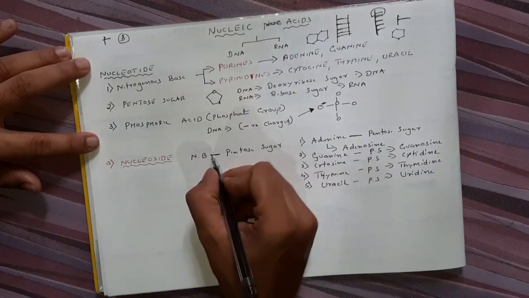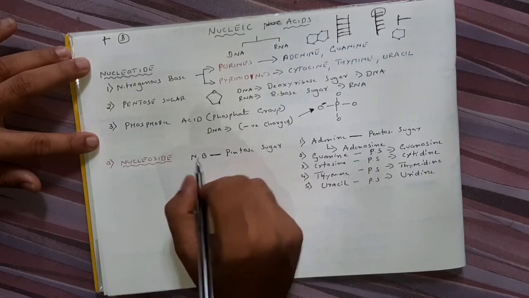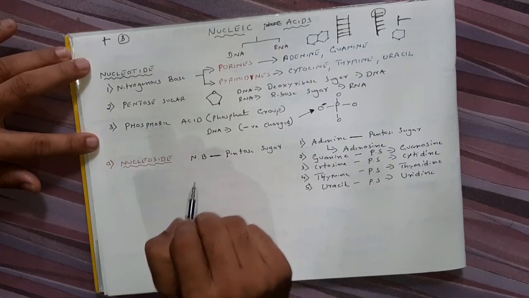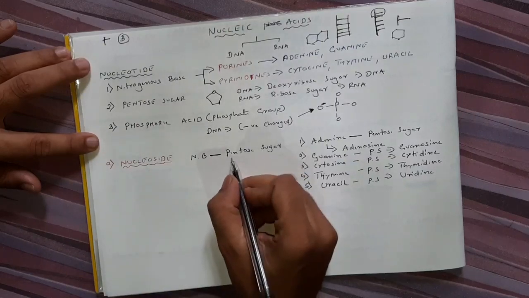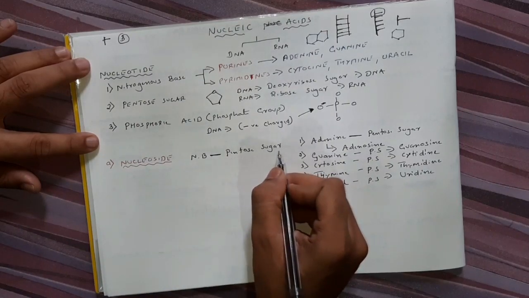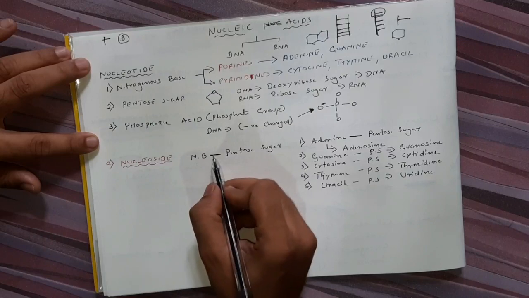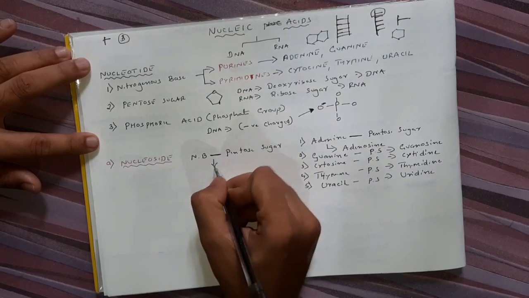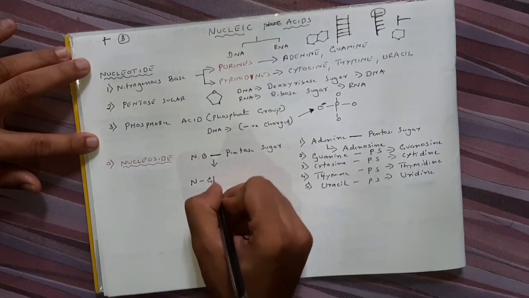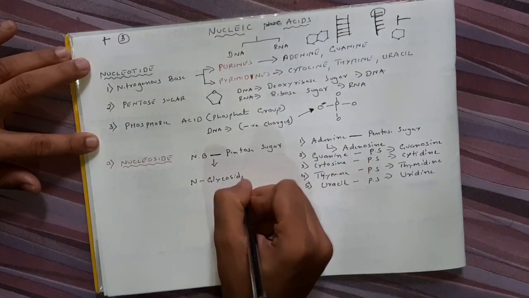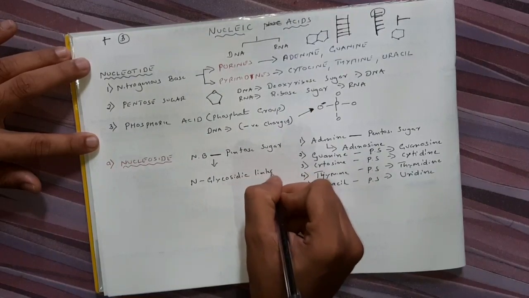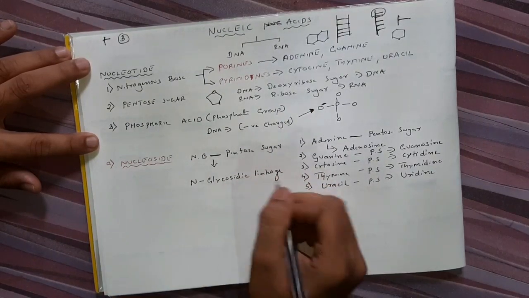Okay, now I just want to tell you what type of bond is present in the nucleoside. There is a linkage, a bond is there. What kind of bond? See, there is a carbohydrate in the form of pentose sugar with a nitrogenous base. This link is called the N-glycosidic linkage or bond.